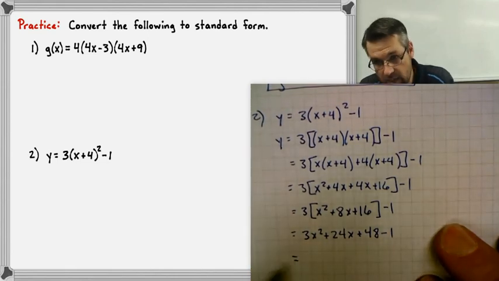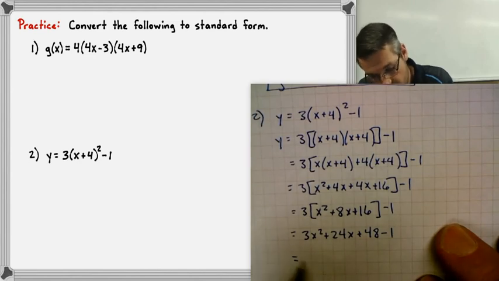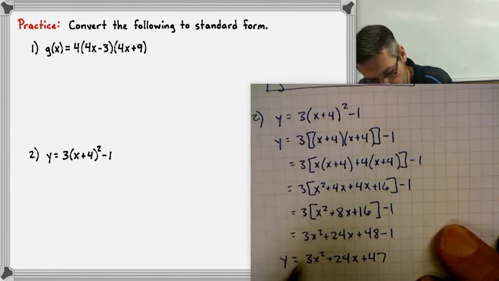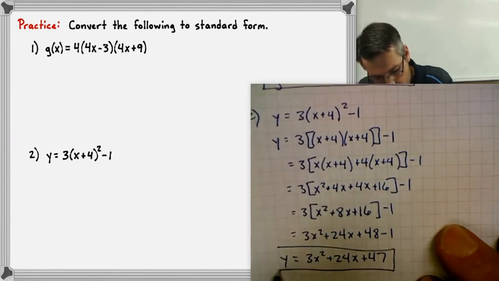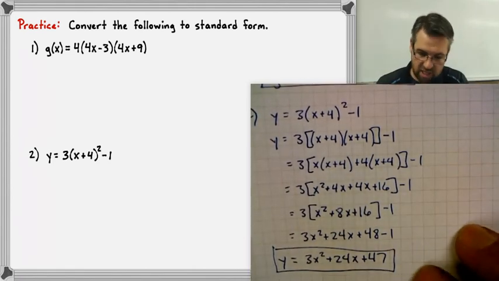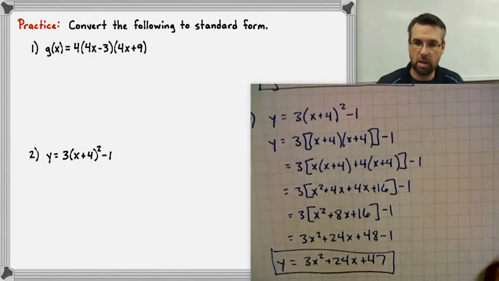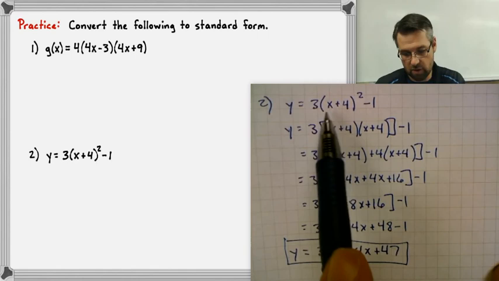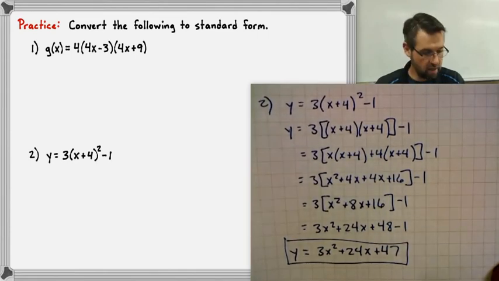And then we combine like terms. So we end up with 3x squared plus 24x plus 47. Okay. So you can see that the numbers can get pretty big depending on what you're talking about. But that is an example or practice problem dealing with converting vertex form to standard form.